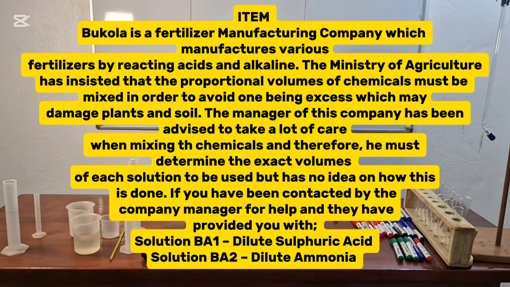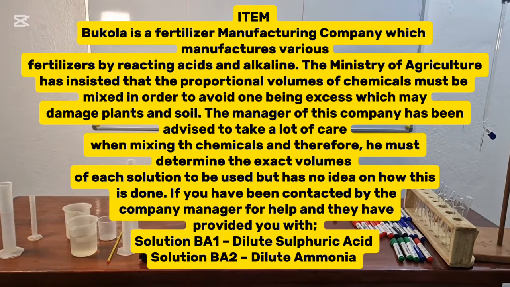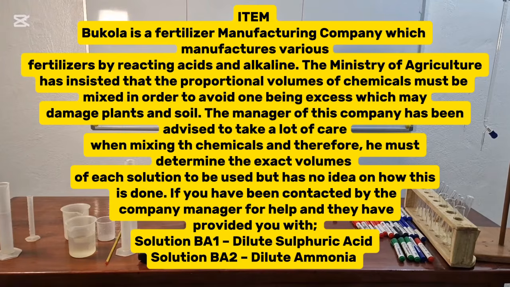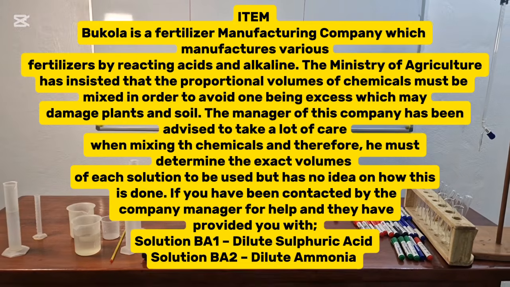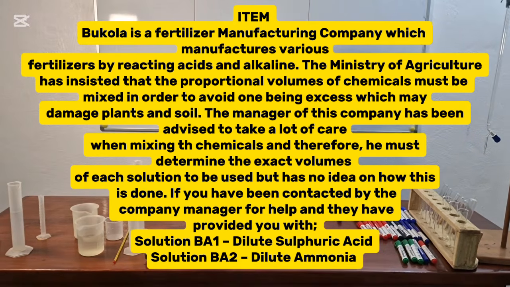The manager of this company has been advised to take a lot of care when mixing the chemicals, and therefore he must determine the exact volumes of each solution to be used, but has no idea how this is done.